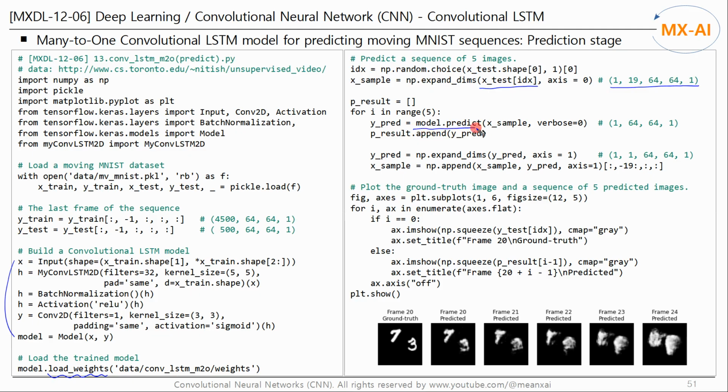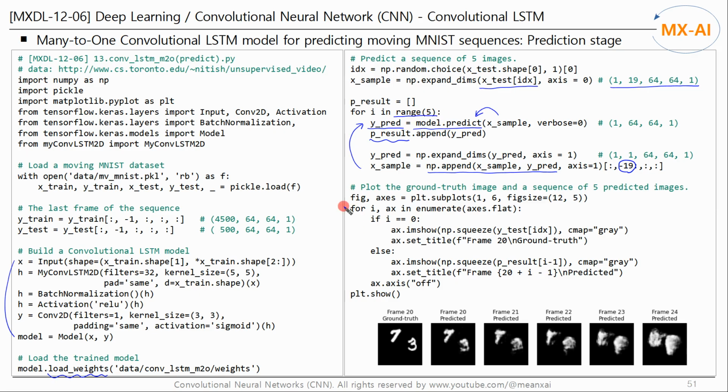The model outputs the next predicted image. Save the predicted image to the p-result list. Then we append the predicted image to the existing X sample and predict the next image with the sequence of the last 19 images. In this way, we predict the next sequence of 5 images.